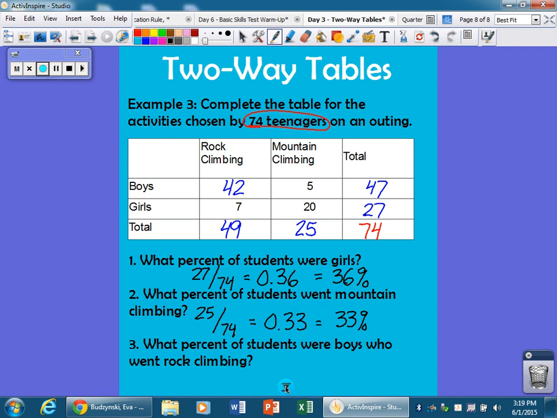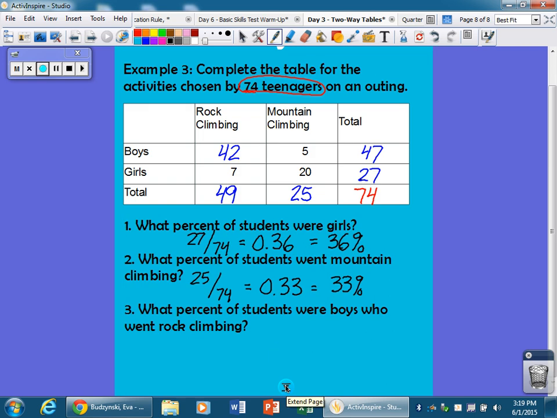Move this up a little bit. The next part. Now here's where it gets a little trickier. It says, what percent of students were boys who went mountain climbing? Or, excuse me, who went rock climbing. So what percent of students were boys? So how many boys do I have? I have 47 boys. I don't care about the girls at all in this problem.